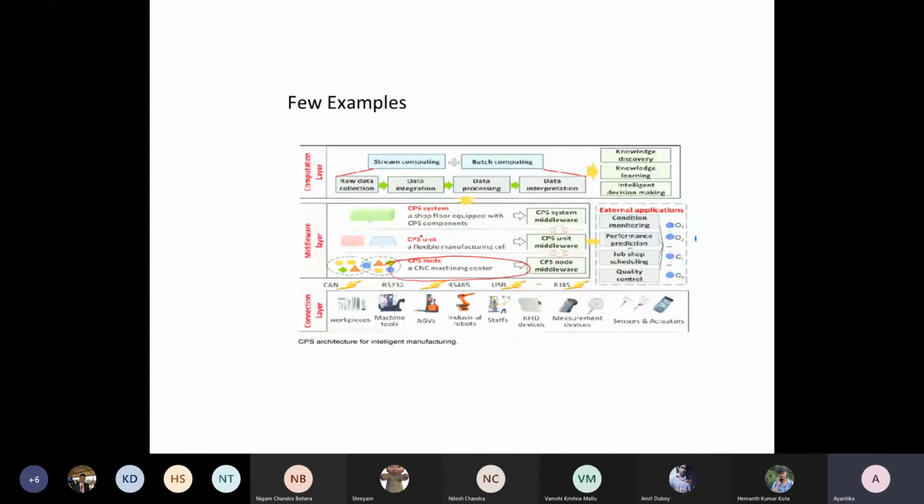They are mainly equipped by embedded systems, smaller embedded parts. These CPS nodes are connected to form some CPS units, and a huge number of those CPS units, maybe a LAN of CPS units, form a CPS system.